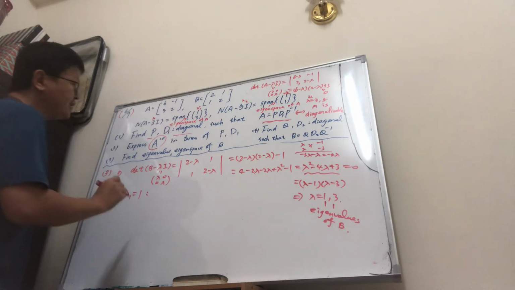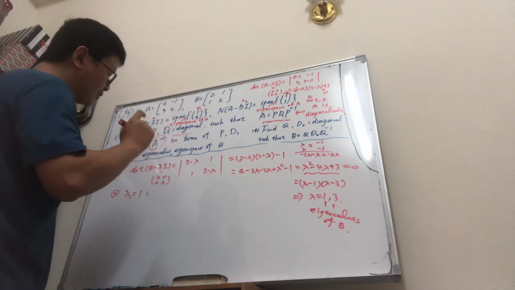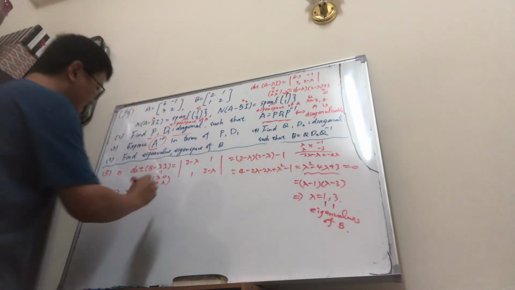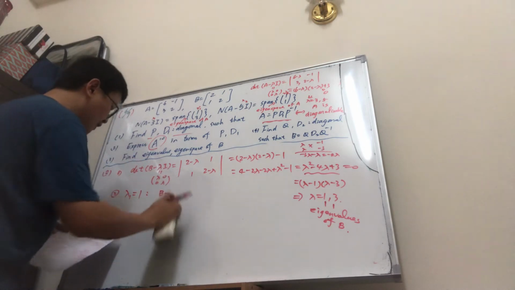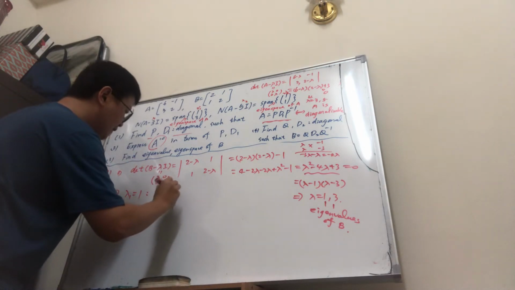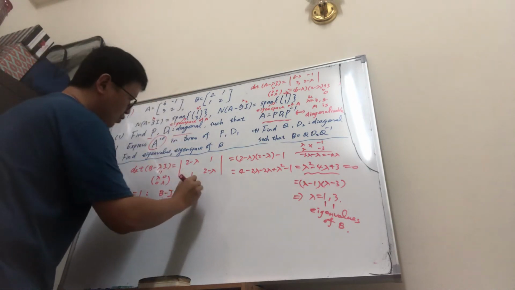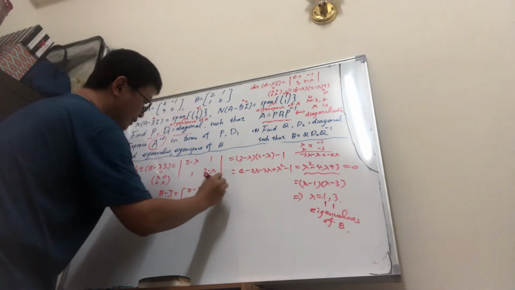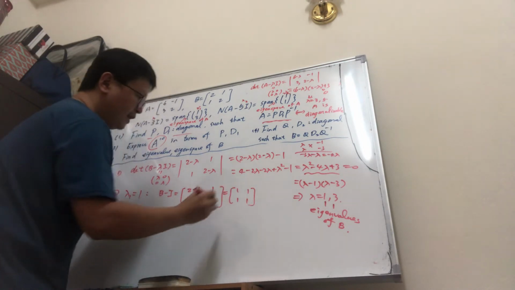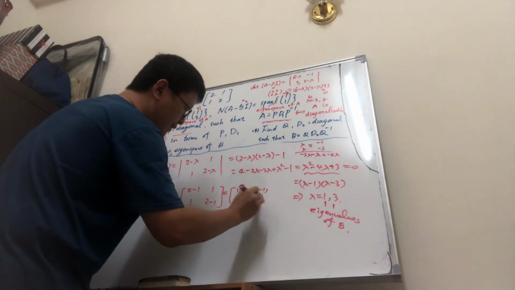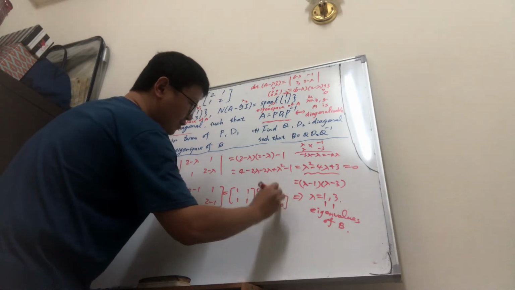Then you should check the null space of B minus lambda 1 I, which is B minus I. So it's 2 minus 1, 1, 1, 2 minus 1, which equals 1, 1, 1, 1. Row reducing, you get 1, 1, 0, 0.